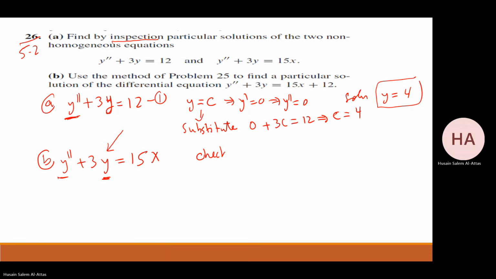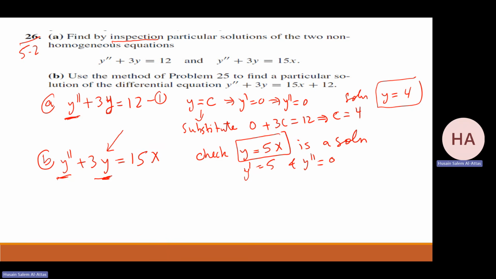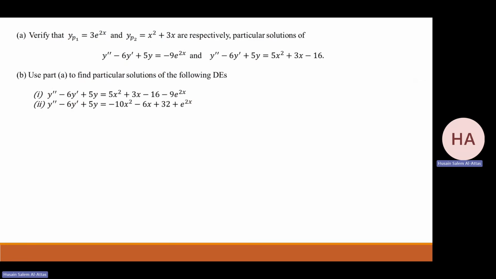Check. y equals 5x is a solution, because y prime will be 5 and y double prime is equal to 0. So now I have 0 plus 3 times 5x, which is 15x. So this is my particular solution.